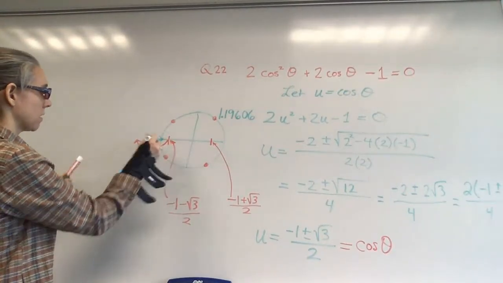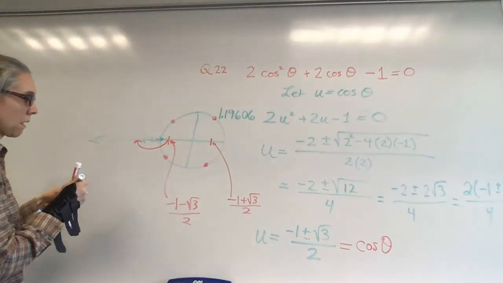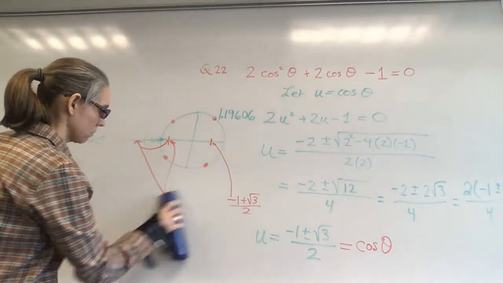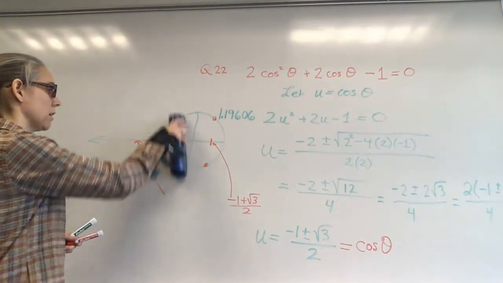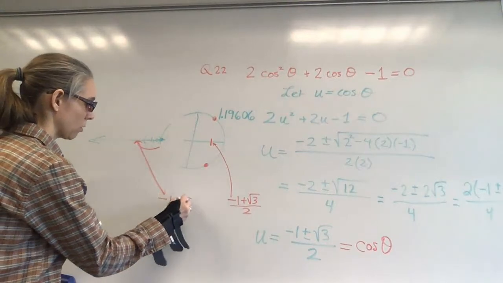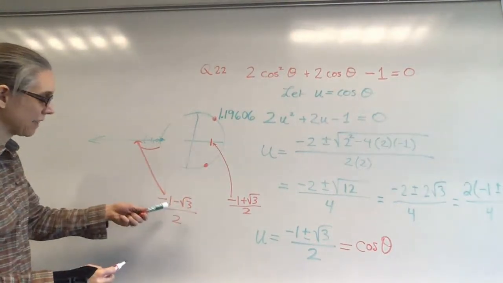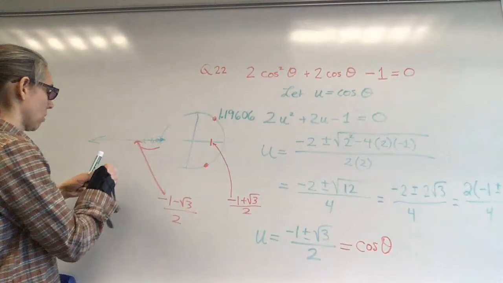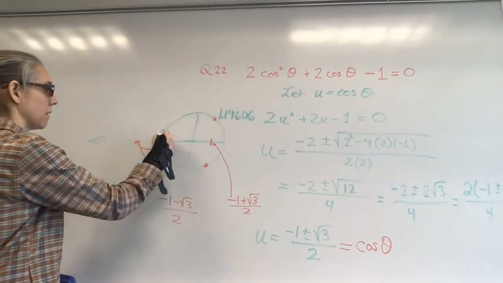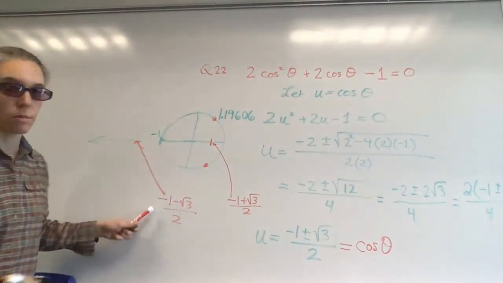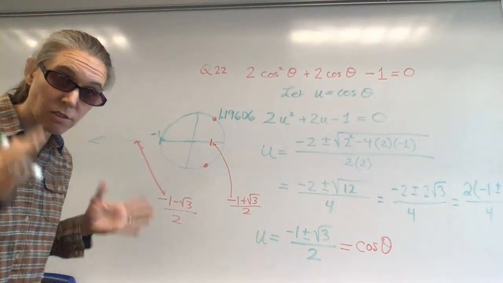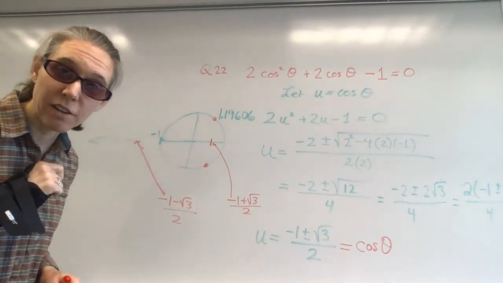If you extend this x-axis back, the number really is way out here. So there are no other two dots. -1 minus √3 over 2 is actually less than -1. So on the unit circle, we cannot go past -1, and this number is less than -1. I didn't think about that at first. I was just paying attention to positive or negative, so it's a good thing the calculator caught that for me.